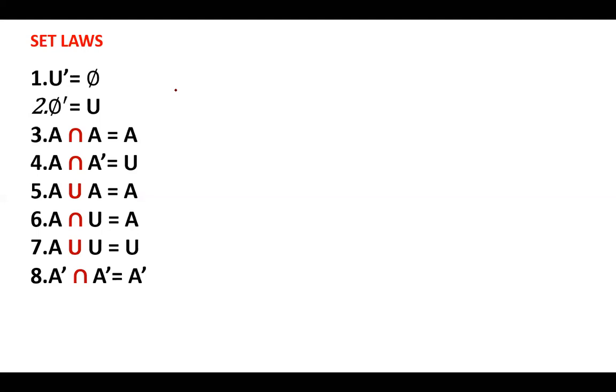So when we say Earth complement, it simply means that there is nothing. You never find any person anywhere else. Hence, it's an empty set. So this is what we mean here.